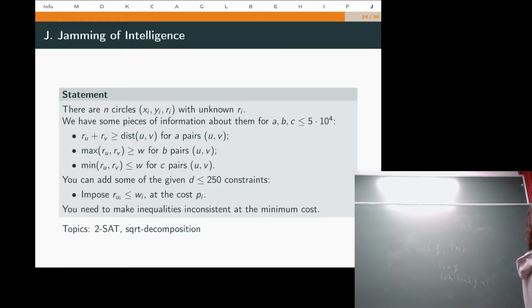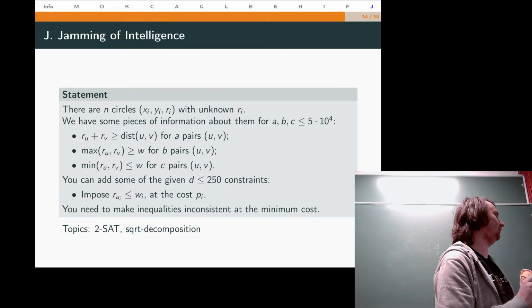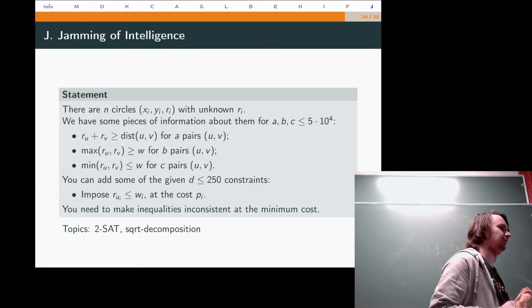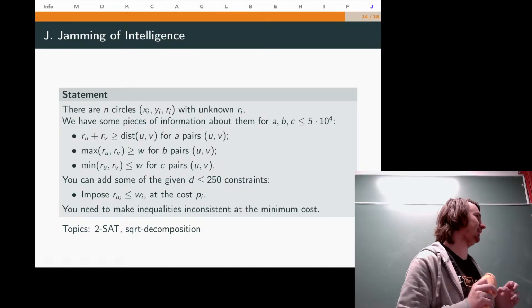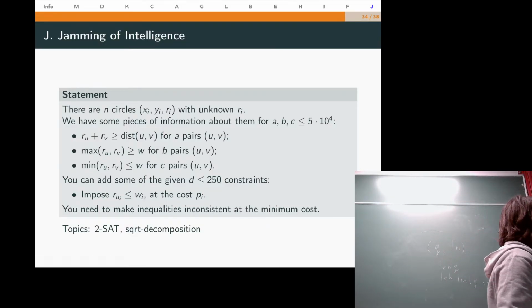We are told that there are n circles, and for each circle we know its x coordinate, its y coordinate, and its radius we do not know. But we are told a bunch of facts about the radius, and all the facts are like this.